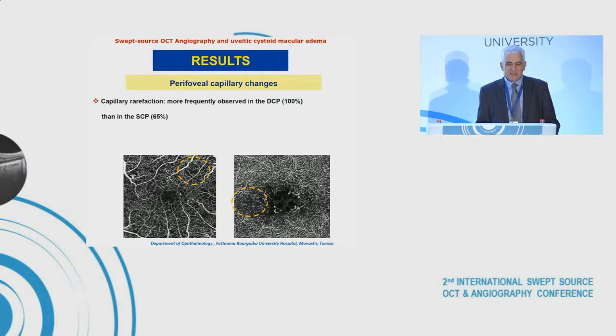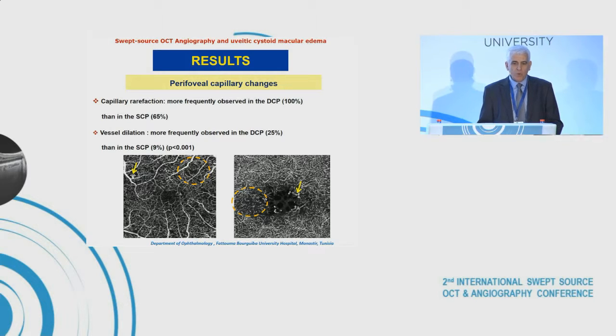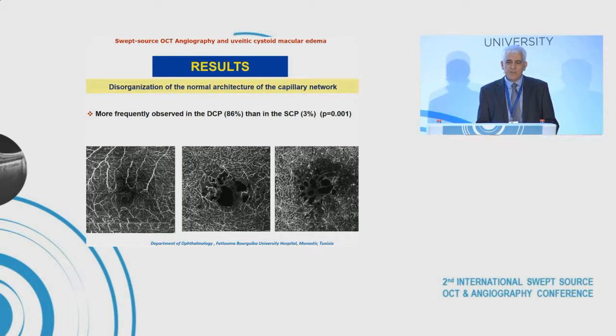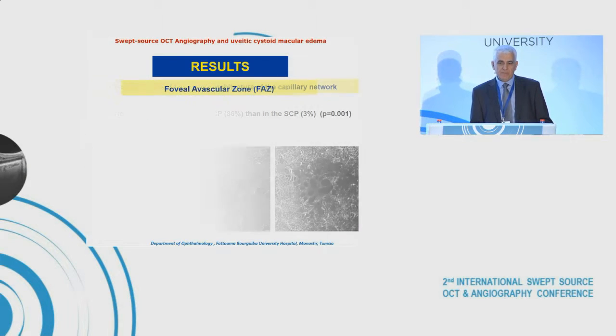Perifoveal capillary changes, capillary rarefaction, and vessel dilation were more frequently seen in the deep capillary plexus than in the superficial capillary plexus. Disorganization of the normal architecture of the capillary network was also more frequently observed in the deep capillary plexus than in the superficial capillary plexus.